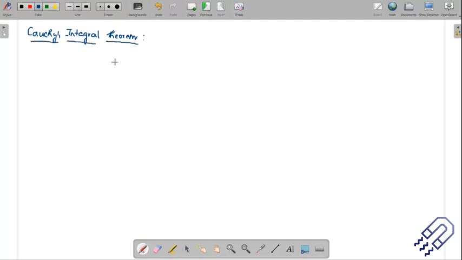Okay. And what does it say? We're doing complex analysis, so we are always talking about complex functions here.